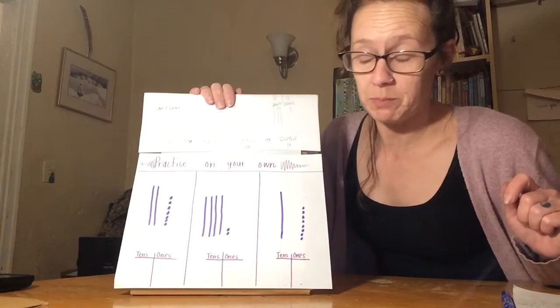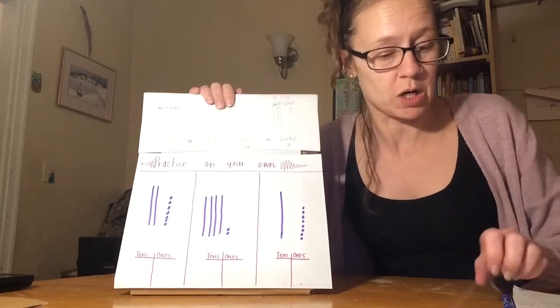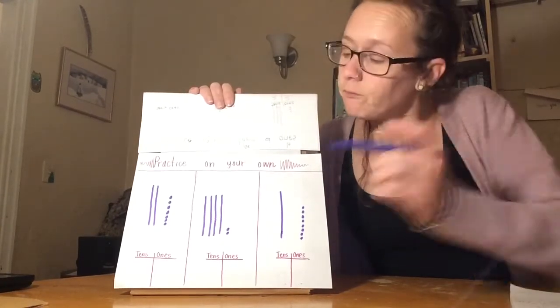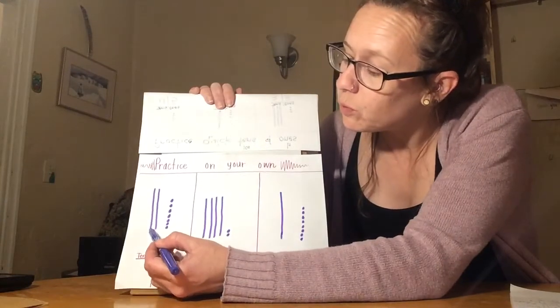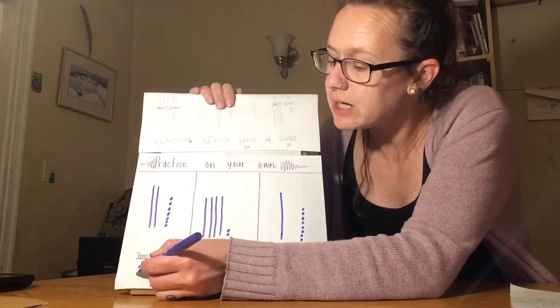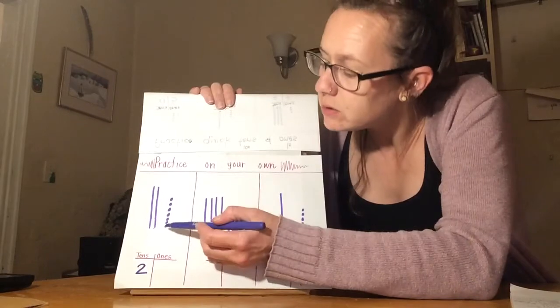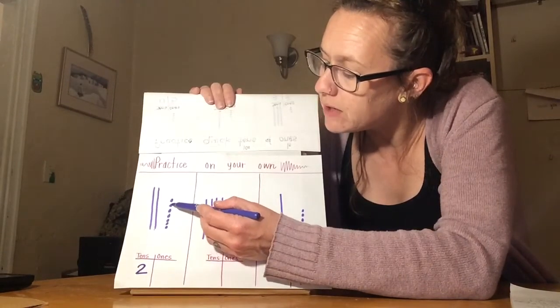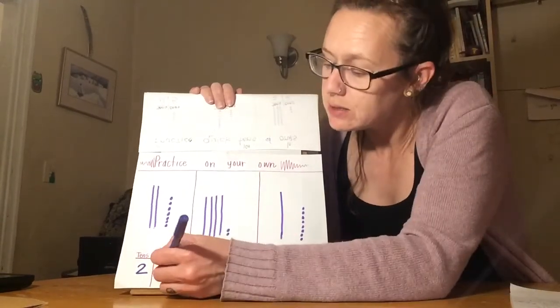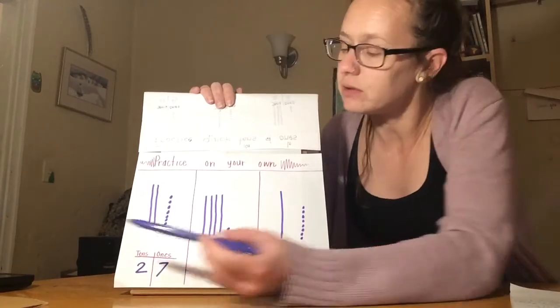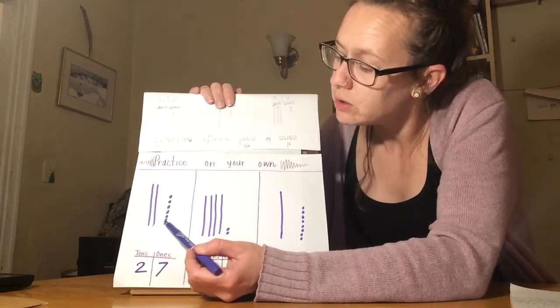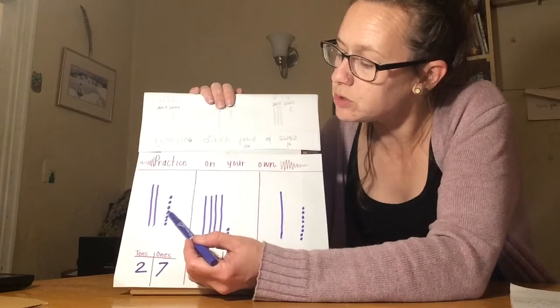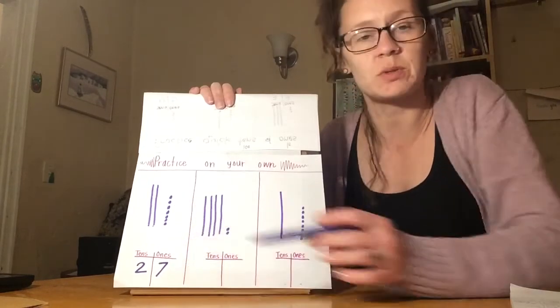All right, if you've unpaused now, we're going to go ahead and check our work. I can count 1, 2, 2 tens, and 1, 2, 3, 4, 5, 6, 7 ones, making the number 27. 10, 20, 21, 22, 23, 24, 25, 26, 27.